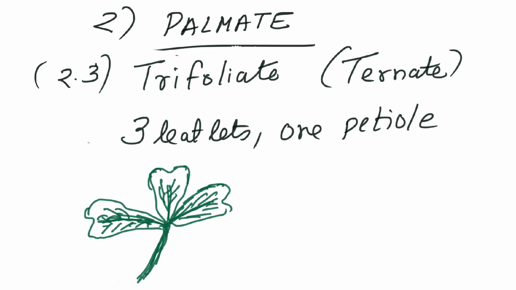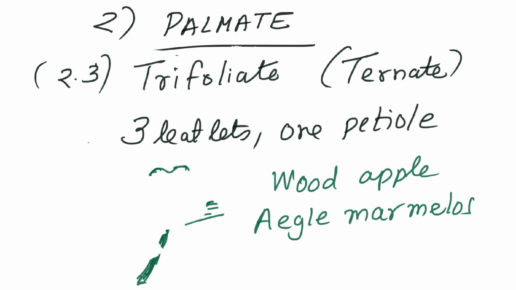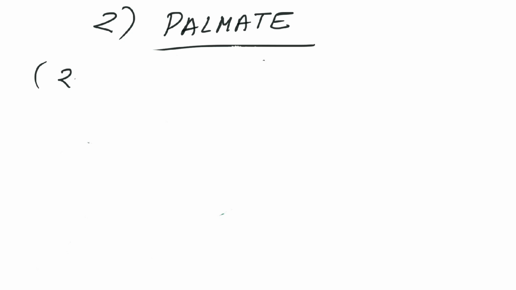So these are leaflets. And as already mentioned, a very famous, notable example is wood apple. So that's about the trifoliate or ternate case, and we are going on to the next case.